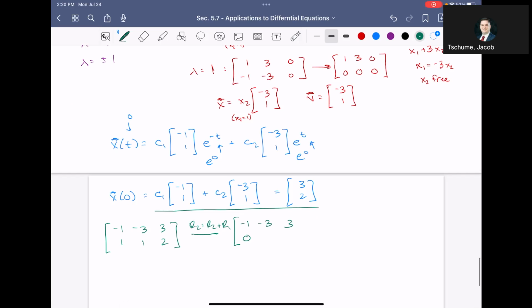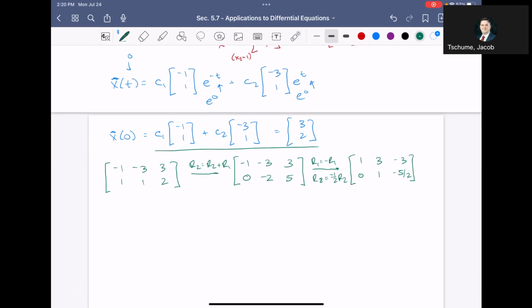This will be 0, negative 2, 5. I'm going to scale row 1 by a negative, and I'm going to scale row 2 by a negative 1/2. So that will be 1, 3, negative 3, and then 0, 1, negative 5/2.